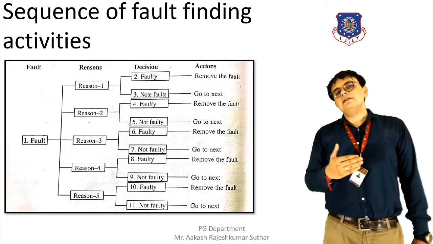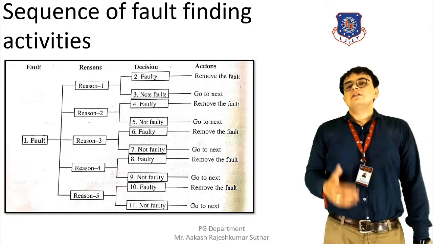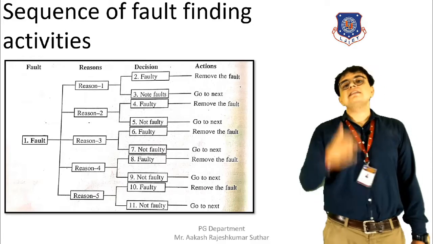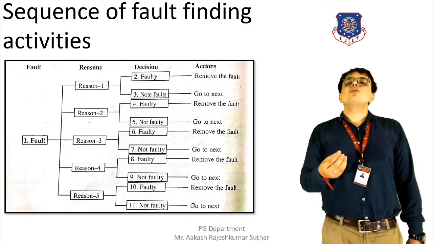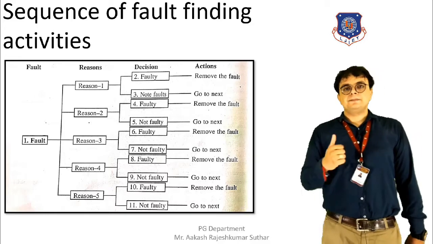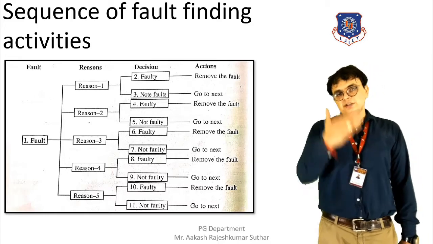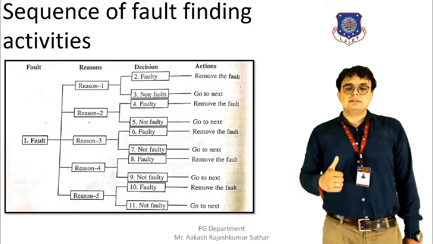Checking should be done, and if the observation shows that reason 5 is the main reason causing the fault, then in the decision we should write faulty, and the action corresponding to that decision will be to remove the fault.